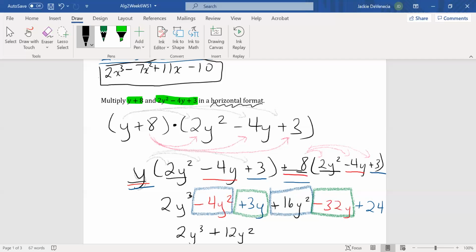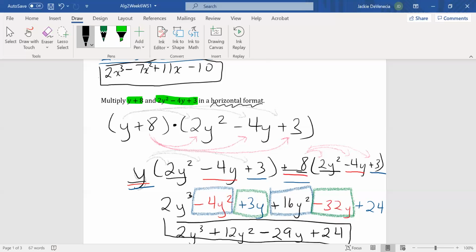And then over here, I have a positive 3y minus 32y. Well, that's going to give me a negative 29y. And then over here, I'm just going to have a positive 24 because there's no other like term with it. I'm just going to leave it alone. So this would be my answer for this problem.